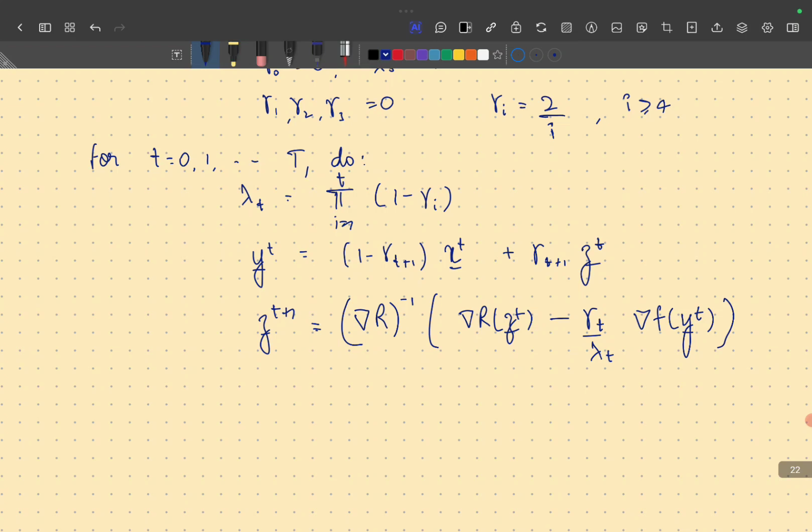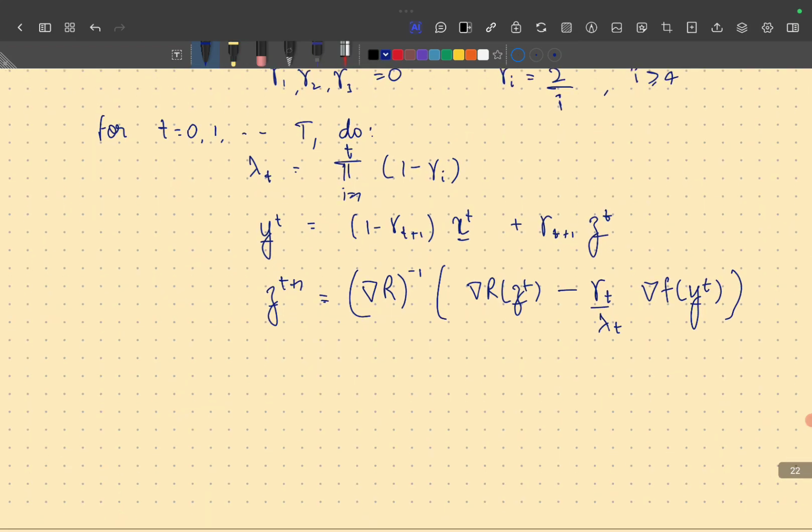So I'm running something like mirror descent on Z. And xt plus 1 is going to be equal to xt minus some constant gamma t.